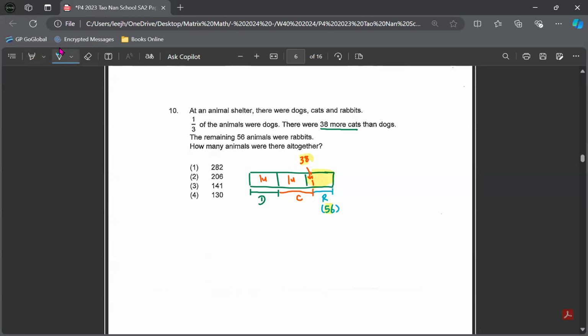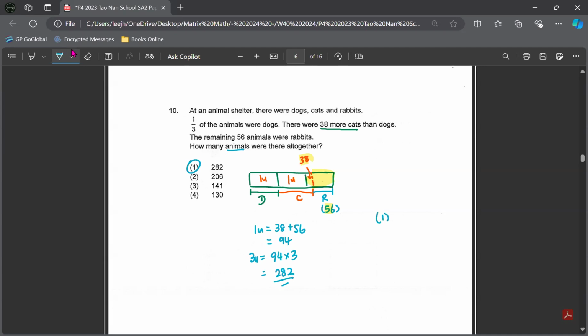So we can work out the value of 1 unit by taking 38 plus 56, which is 94. So if 1 unit is 94, we need to find how many animals altogether. We have 3 units altogether. So work out 3 units. 94 times 3, 3 times 94, up to you. Your answer is 282. Answer is number 1.